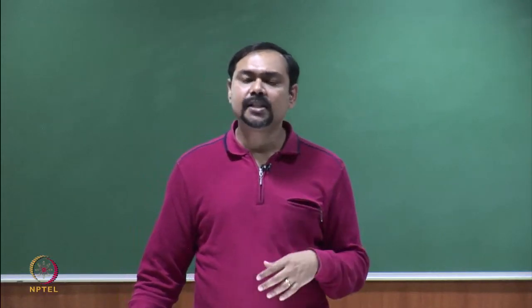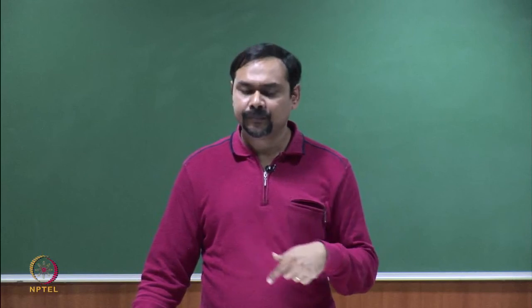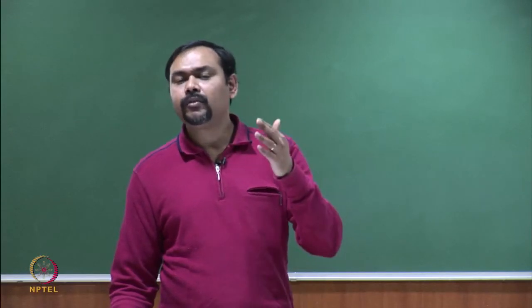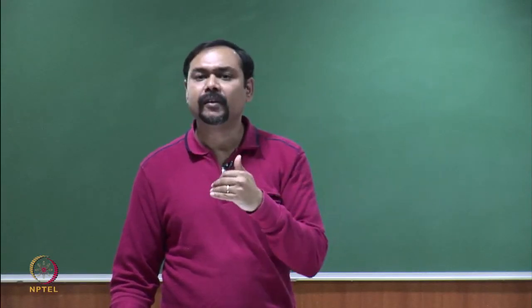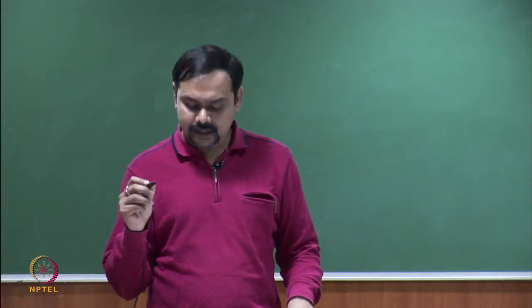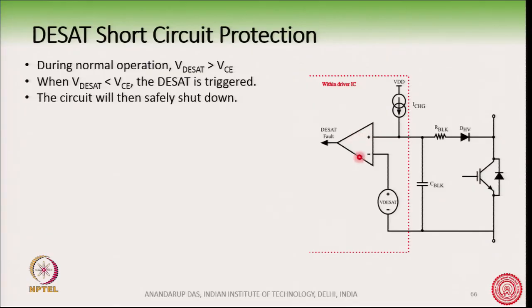Suppose the DC voltage is 600, so from 600 it goes to 2 volt, and suppose this VDE SAT is about 7 volts. Every time the device turns on, it moves from 600, crosses through 7 and moves to 2 volts. Every time it crosses close to 7 volts, this op amp will be triggered, which we do not want. We want the DSAT protection to only work when the device has been fully turned on and afterwards if there is a short circuit.